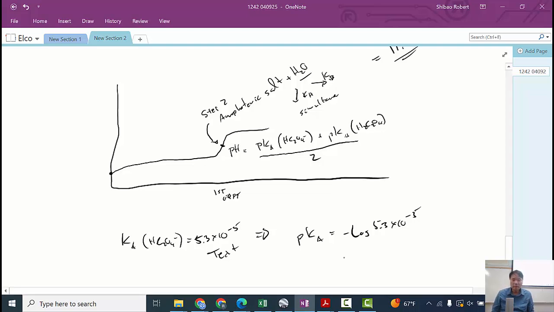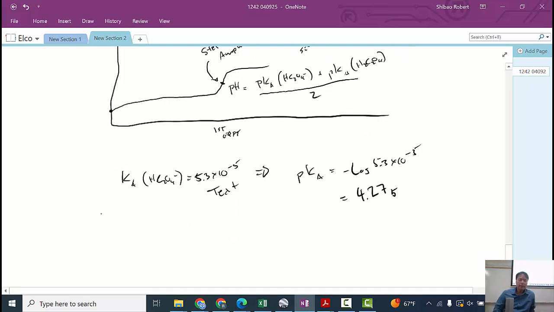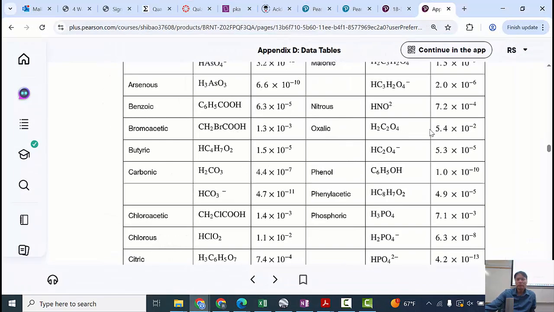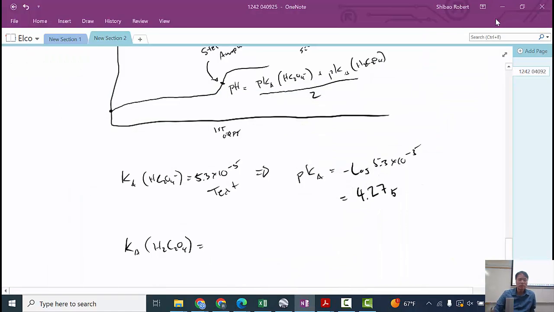I'm only allowed 2 sig figs, but as I said before, I'm going to carry one extra, 4.27, and the one extra I carry is going to be subscripted so I can keep mental track easier. I don't have to remember it. Okay, then we need the Ka for oxalic acid, H2C2O4. I'm just going to use the textbook's Ka value, which is 5.4 times 10 to the minus 2.